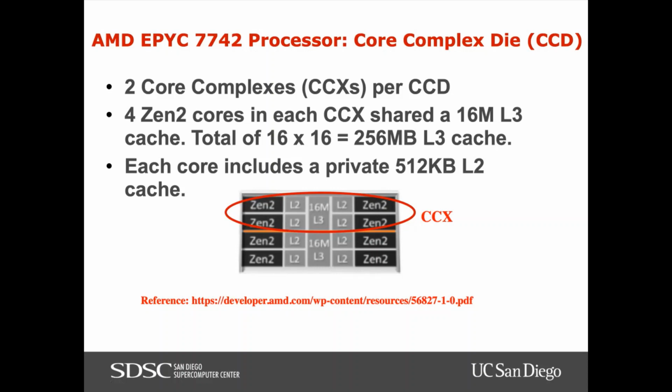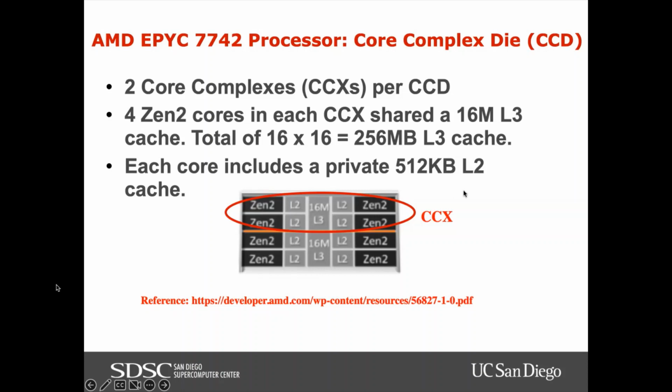So when you're laying out a hybrid job, like say 32 MPI tasks on a node and 4 threads per task, to get good performance on the shared memory part, it might be good to put all the threads on the same cache. So you put 4 threads on the 4 cores that are sharing the cache.